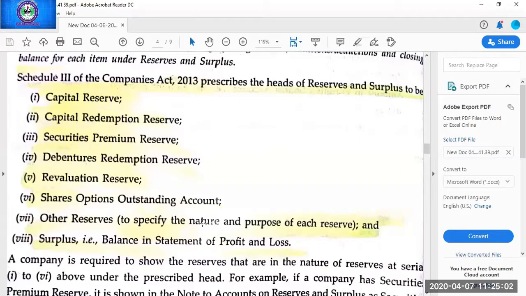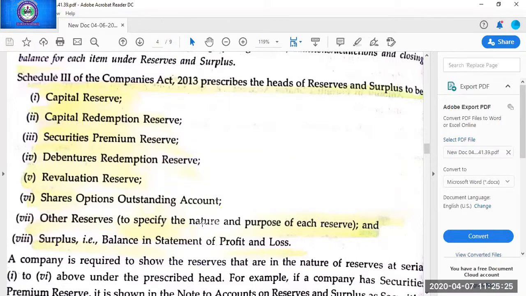The subhead of this item is reserve and surplus; it is an example of reserve and surplus. And the major head is shareholders' funds. In this manner you have to write each and every example. Basically, in this chapter you have to learn the head and subhead. This will be the format of the question and answer.